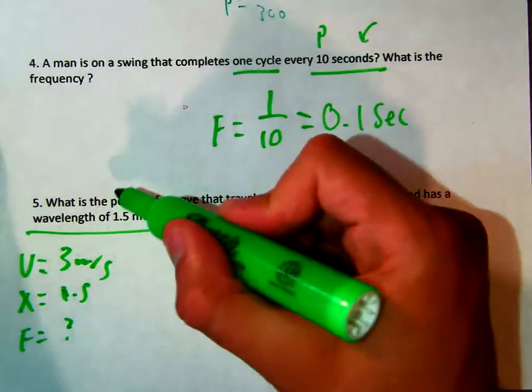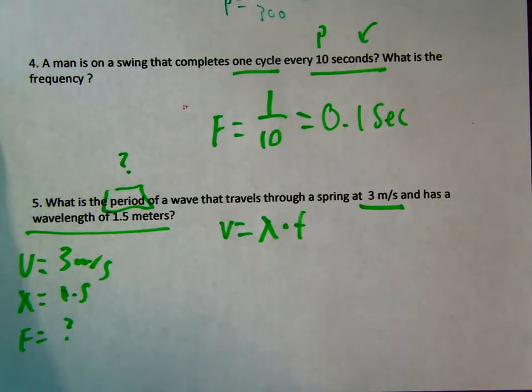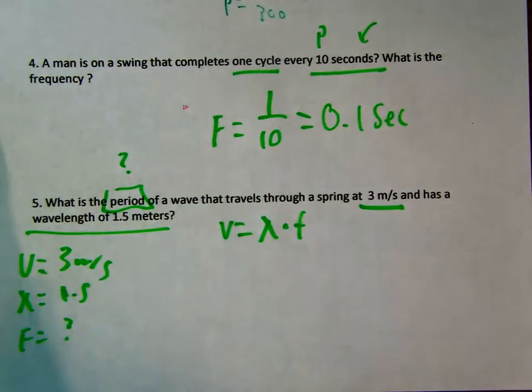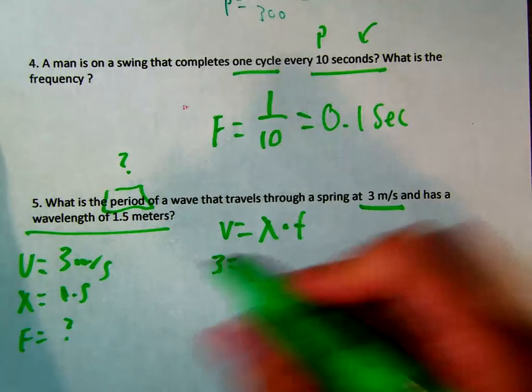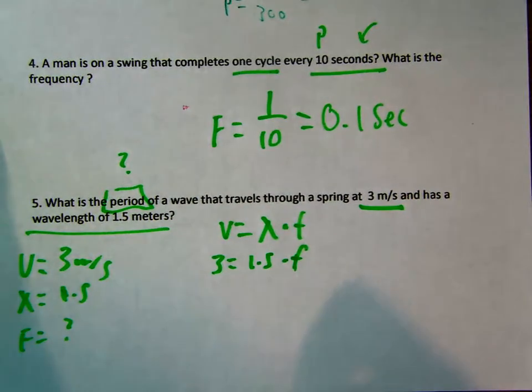The problem's asking me for the period, which is strange, right? Because we haven't solved those problems yet. This doesn't give me period. However, it gives me wave speed and wavelength, so I can solve for frequency. And if I solve for frequency, well, I can solve for period, right? That's what we've been doing. So I'm going to plug this in. 3 equals 1.5 times f, frequency.